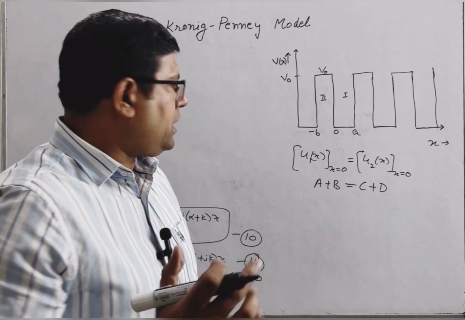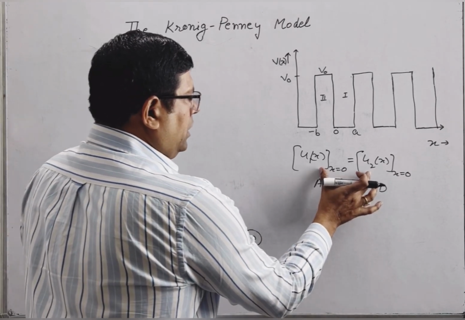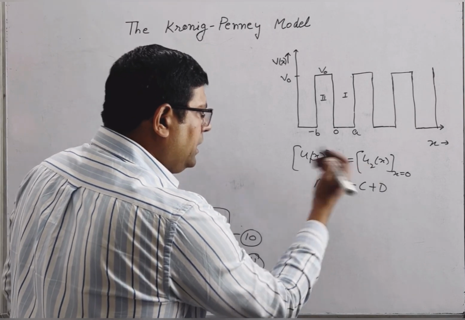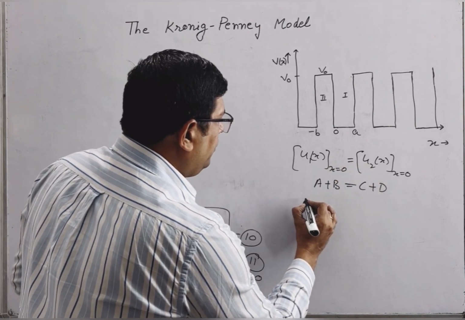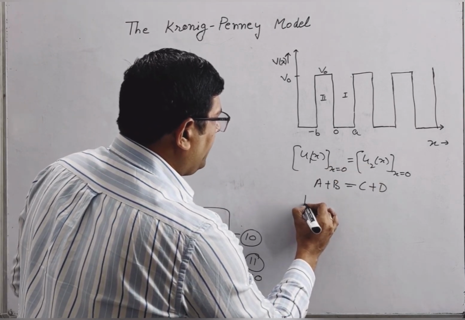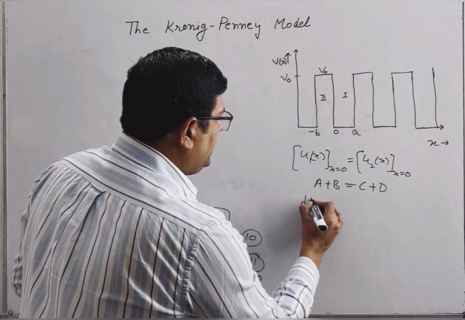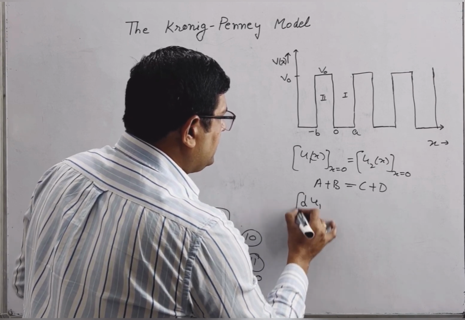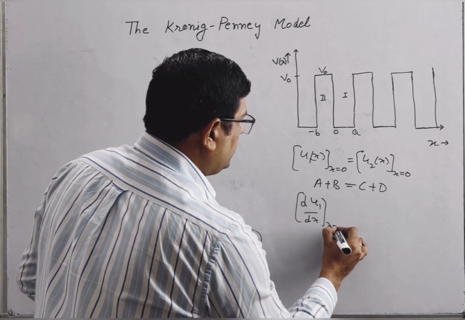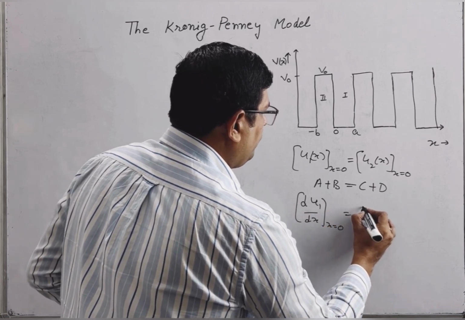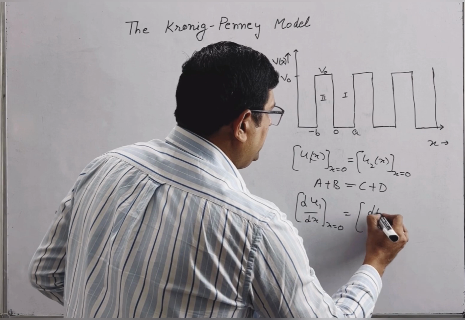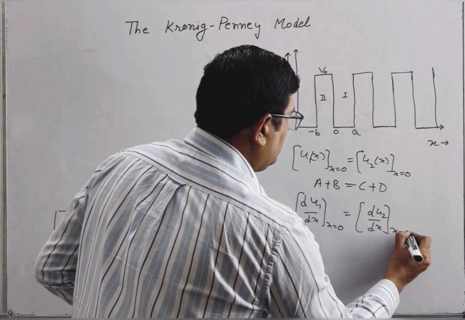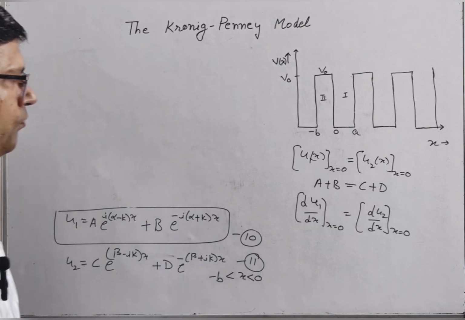The second boundary condition is that if the wave function is continuous, its derivative will also be continuous. So du1 upon dx at x equal to 0 will be equal to du2 upon dx at x equal to 0.